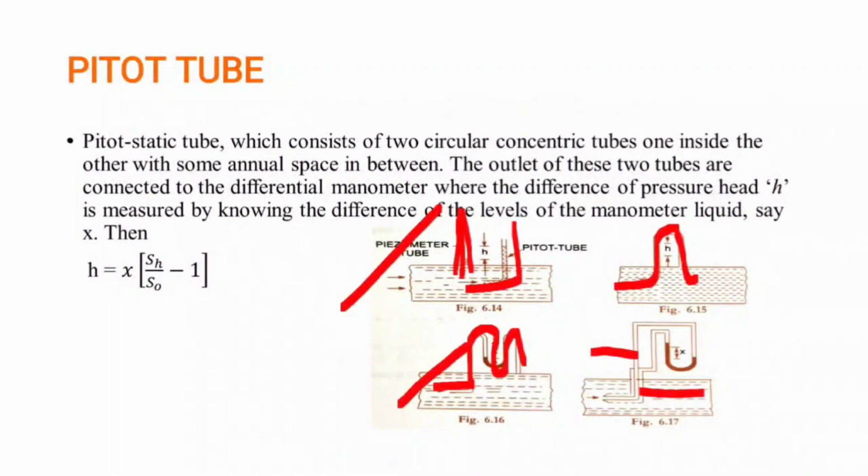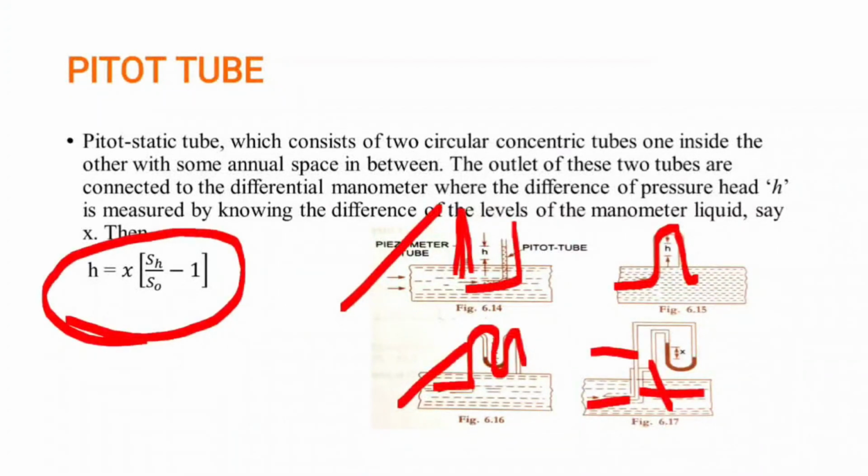The outlets of these 2 tubes are connected to a differential manometer, where the difference of pressure head H is measured by knowing the difference of the levels of the manometer liquid, say X. We use the same formula for determining the H value.